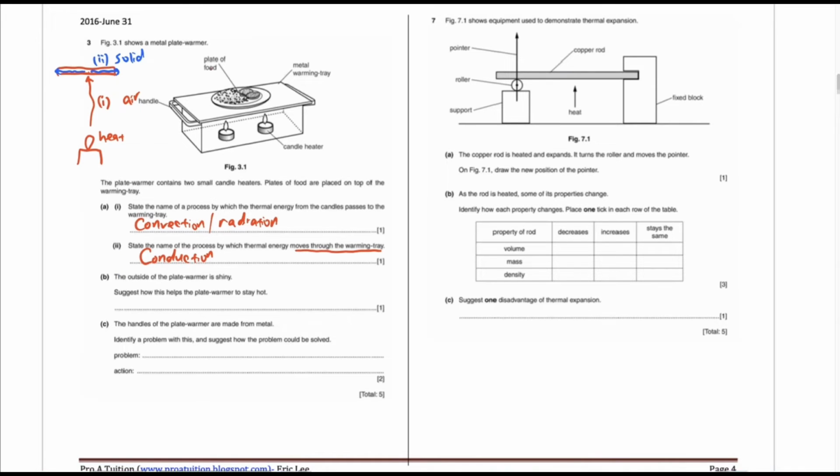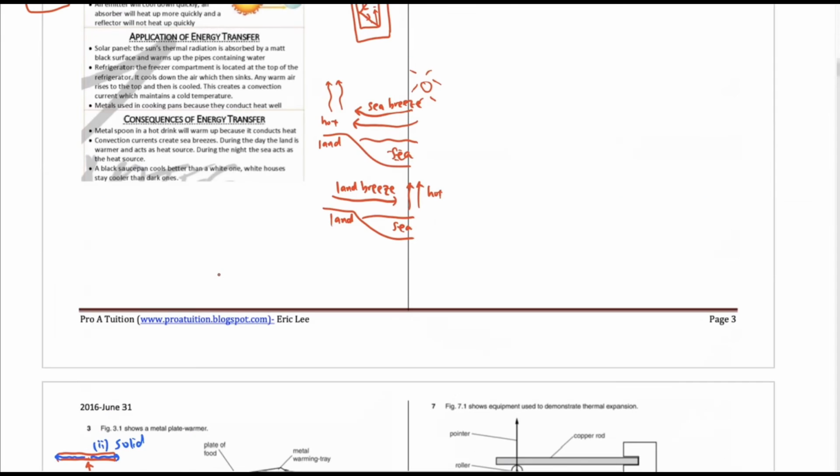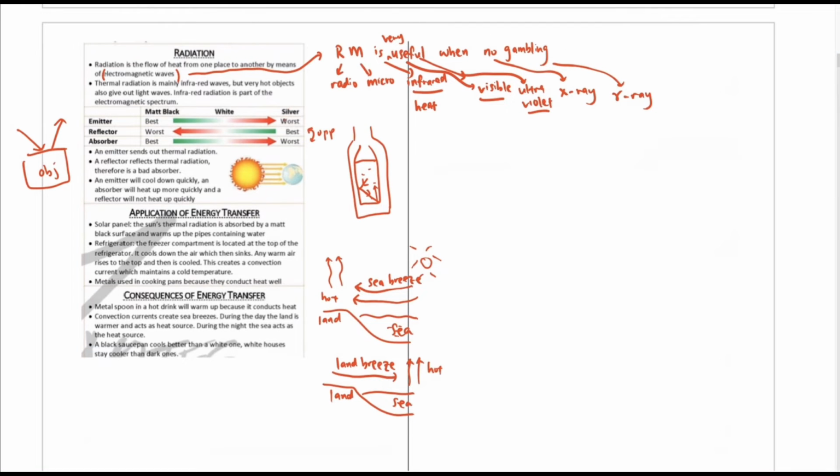For B, the outside of the plate warmer is shiny. So this part is shiny. Suggest how this helps the plate warmer to stay hot. If you still remember the properties, let's take a quick look again. Shiny: worst emitter, best reflector, worst absorber. That is the shiny surface.